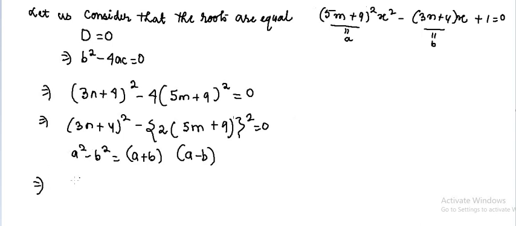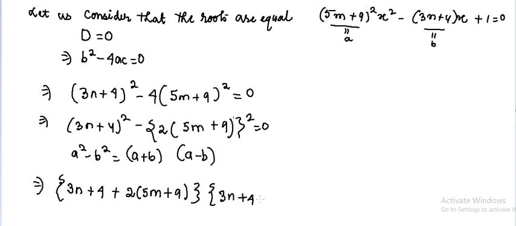When you break this equation in this form, you will get (3n plus 4 plus 2 into (5m plus n)) into (3n plus 4 minus 2 into (5m plus n)).